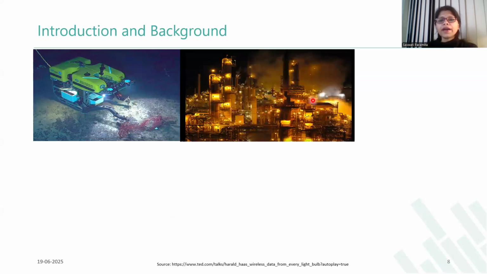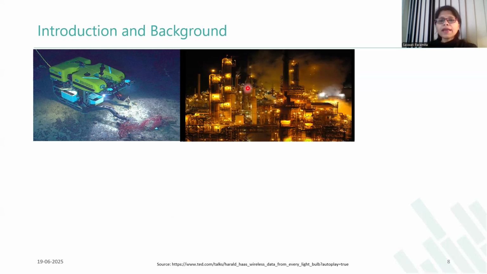Similarly, for industry applications like chemical industries, we know that many radio elements are there in chemical industries. They may interfere with the radio frequencies, and because of that interference we may also face hazards.